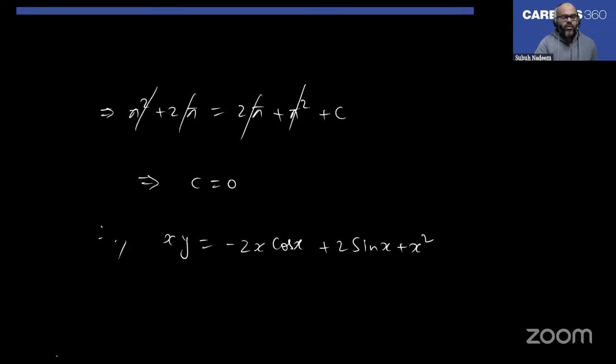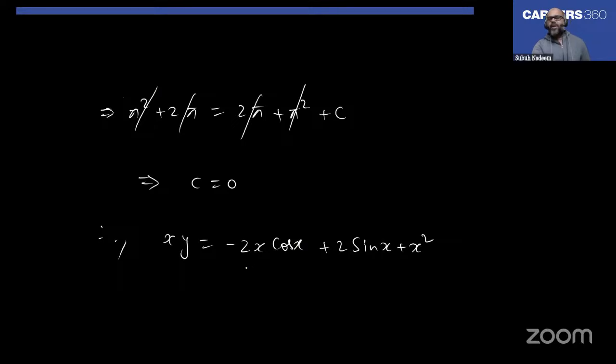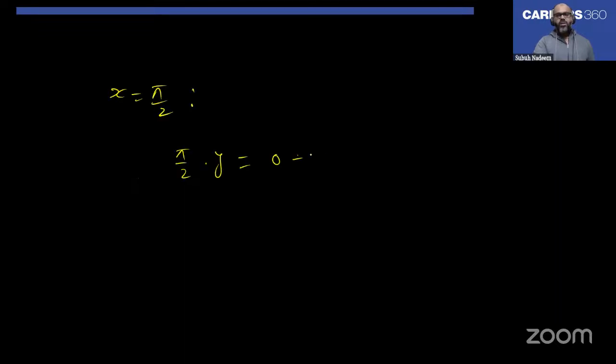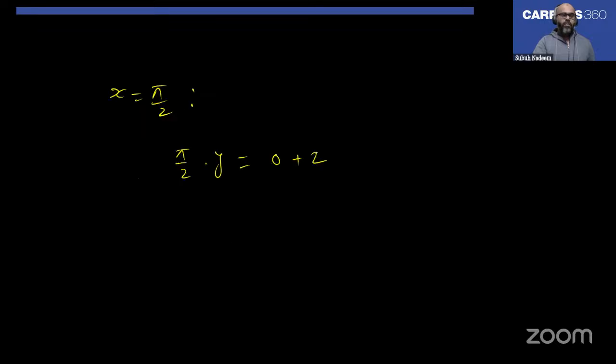So when x is equal to pi by 2, what will happen? This will be pi by 2 into y is equal to, cos pi by 2 is 0. So this whole term will become 0. Sin pi by 2 is 1. So 0 plus 2. And here x square will become pi square by 4.